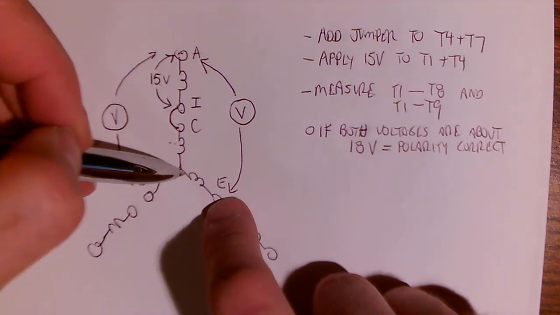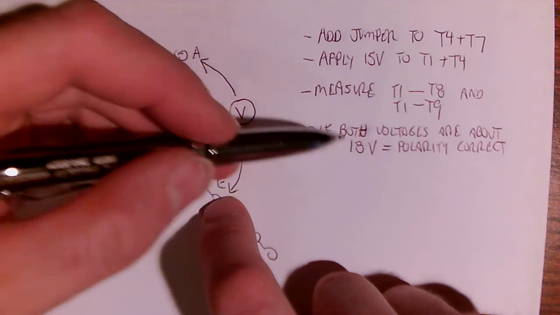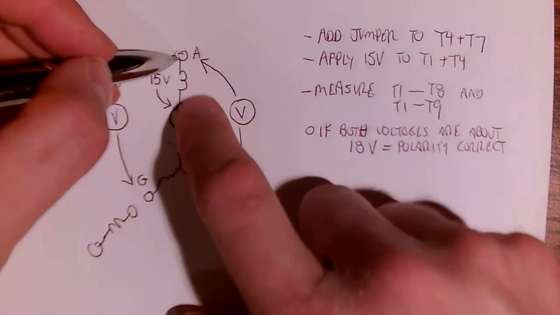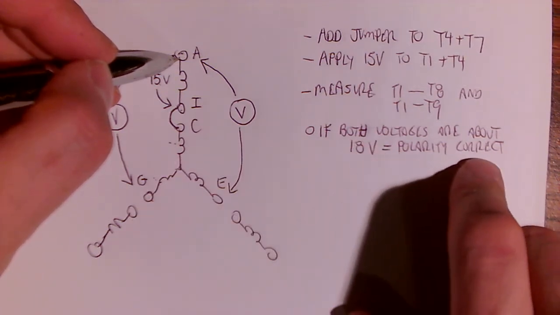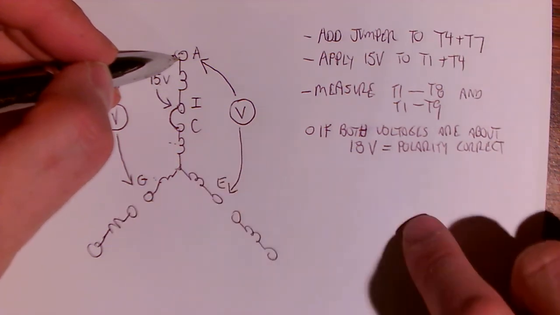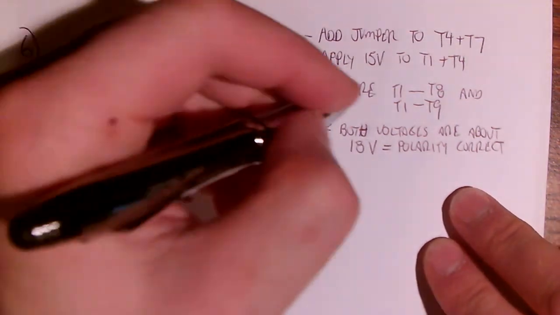But it doesn't quite minus 15, it minuses about 12, and that's why we get 18-ish. Or that's one theory, anyhow. And then we go to the other side and it'll be the same idea, just a mirror effect. So if both voltages are 18, the polarity is correct. And I do highly recommend measuring both sides here.